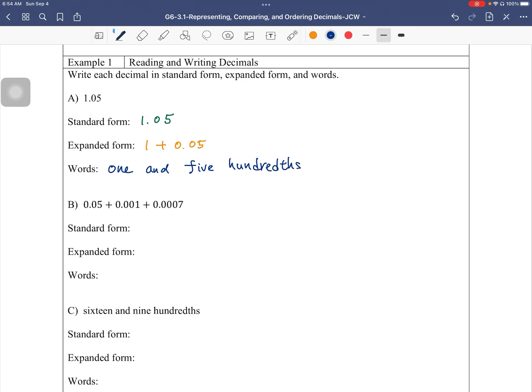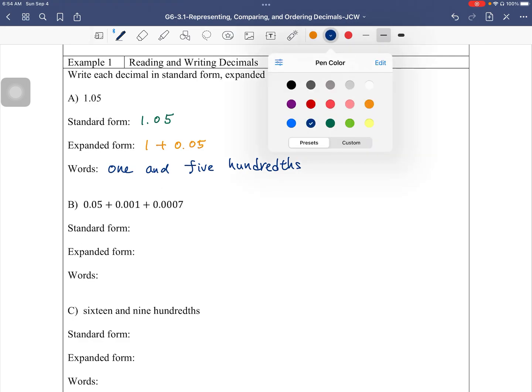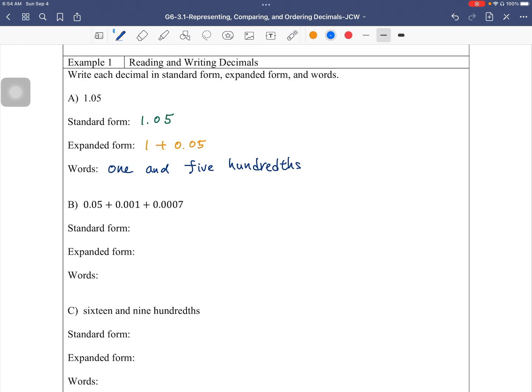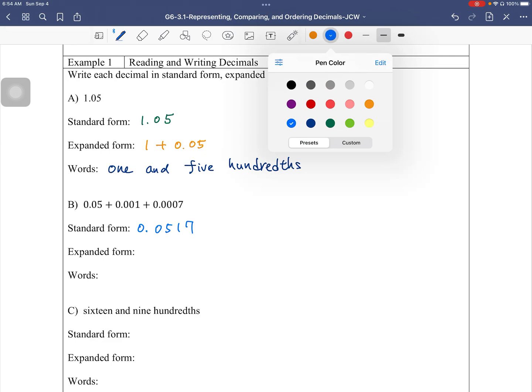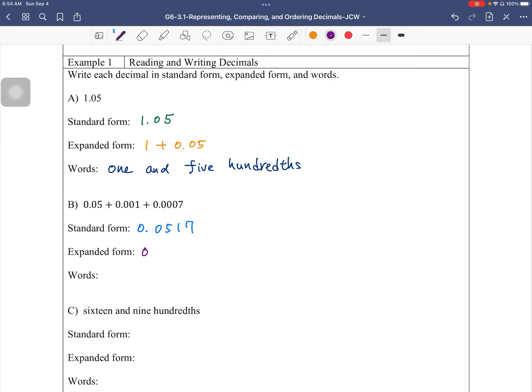Okay, so for B, 0.05 plus 0.001 plus 0.0007. In this case, the standard form is 0.0517. And then the expanded form is 0.05 plus 0.001 plus 0.0007.